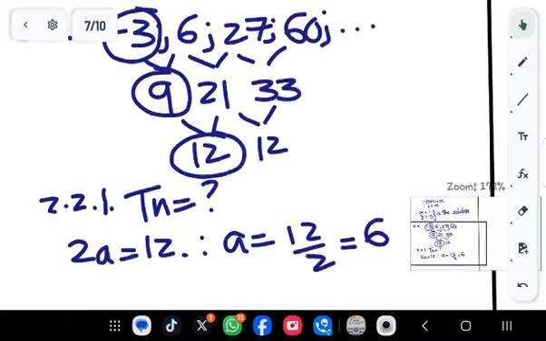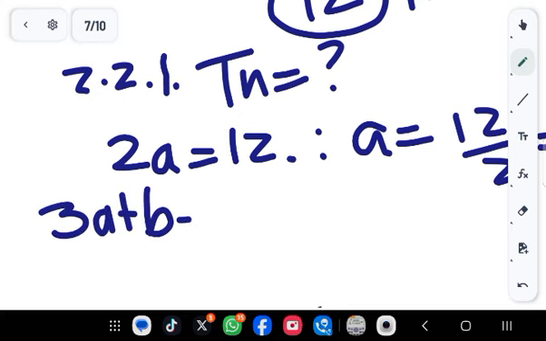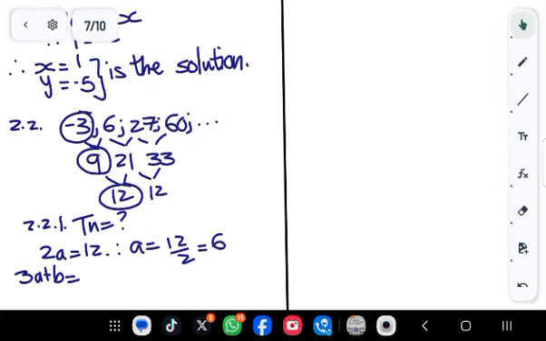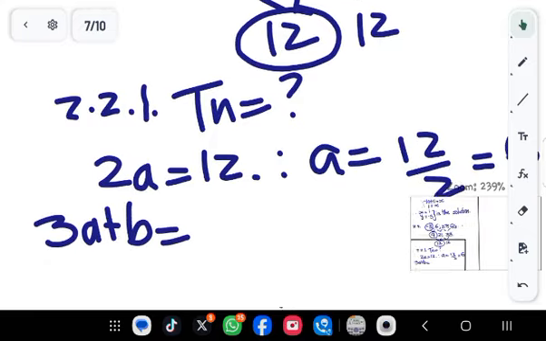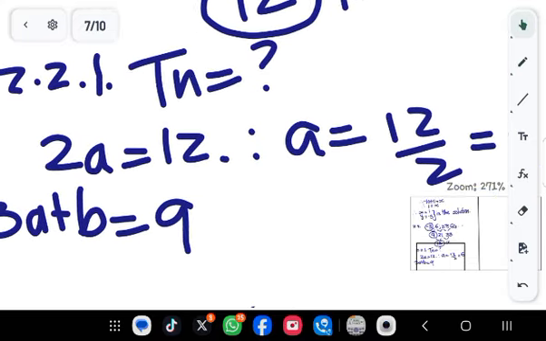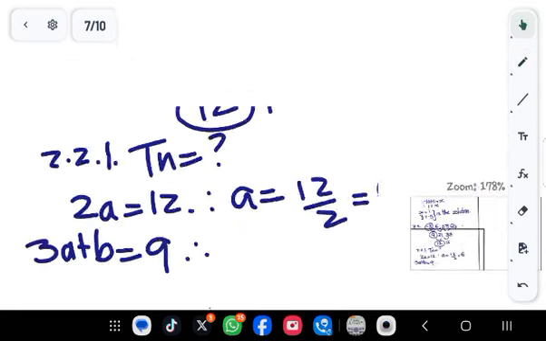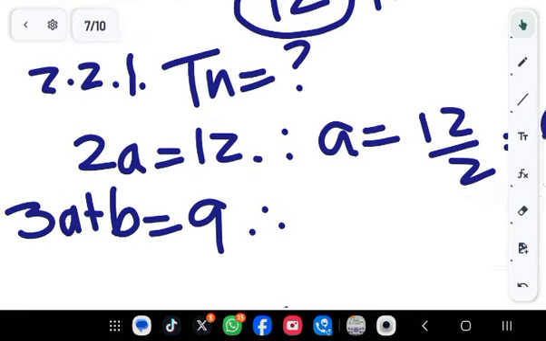Now we go to 3a plus b. 3a plus b is equal to 9, using that net. We know that a equals 6, so we substitute that.